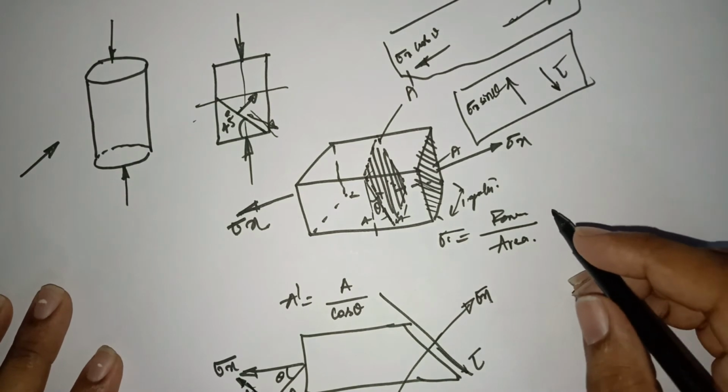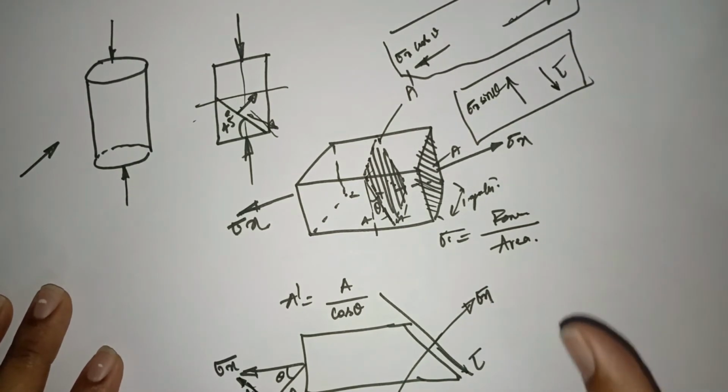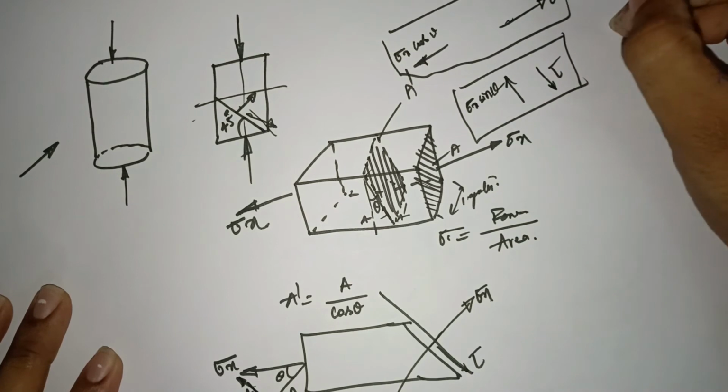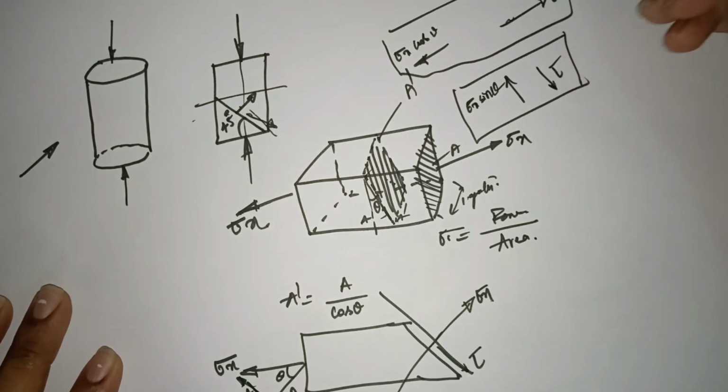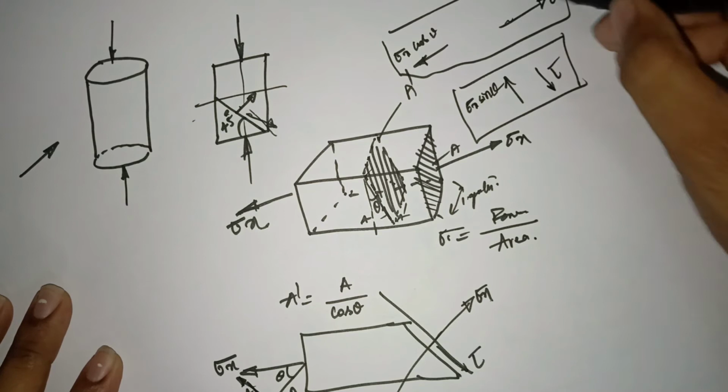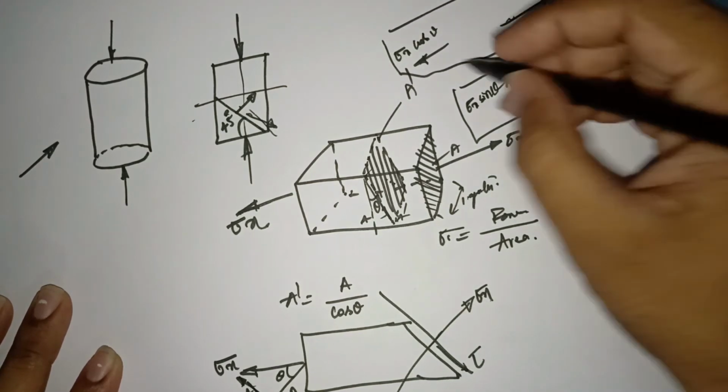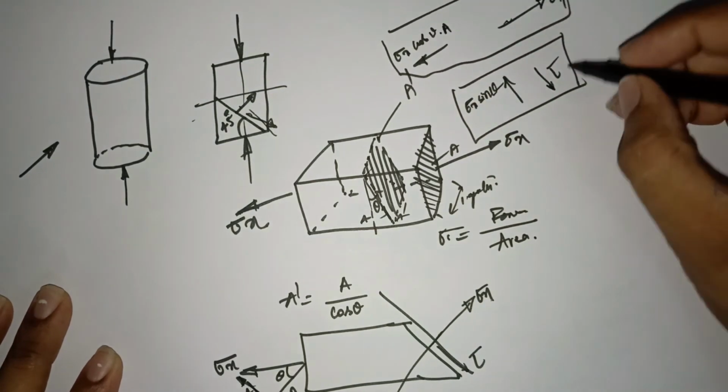So if we equate these two, the forces have to be equated, so we have to take the area as well. This is sigma n into a dash.